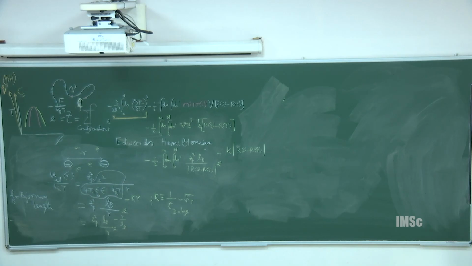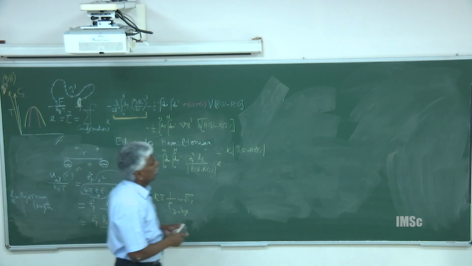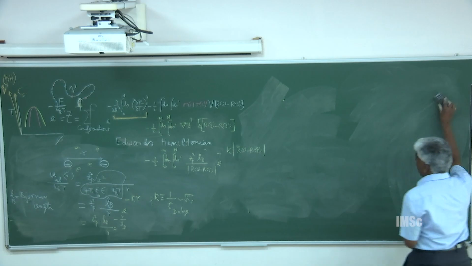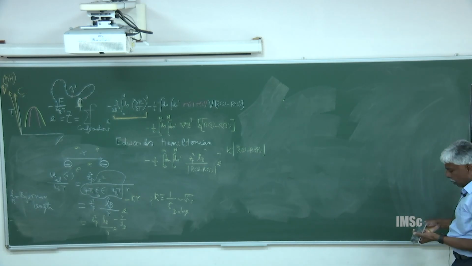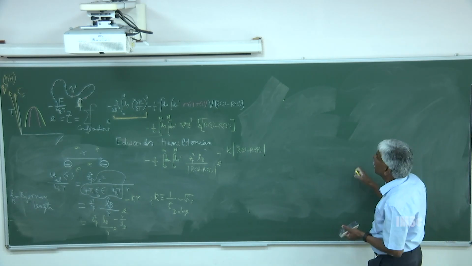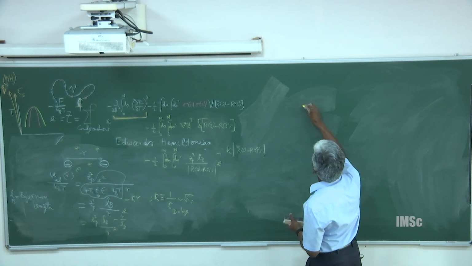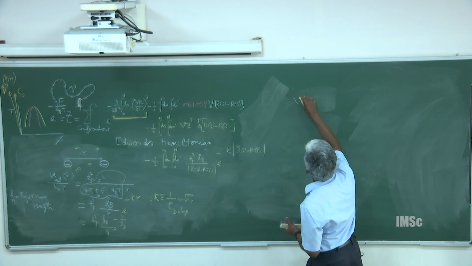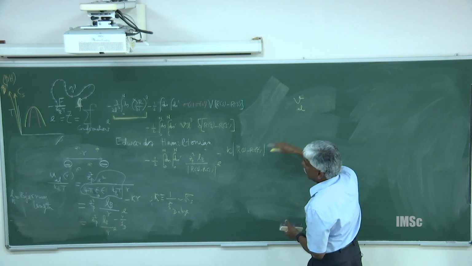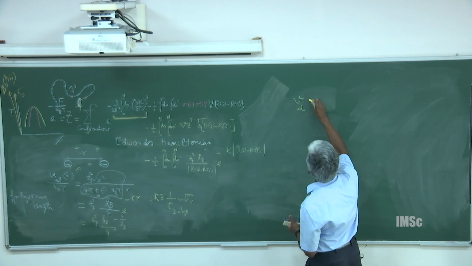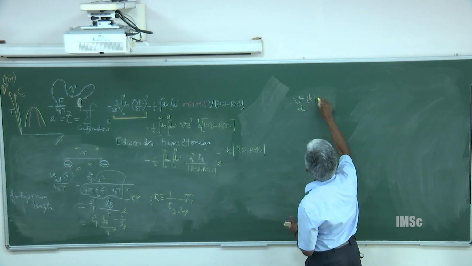Before I do the calculations, I want to think a little bit deeply about this. Some of you were in the other class. Let me write V electrostatic, that is this part. Let me do a Fourier transform of this.